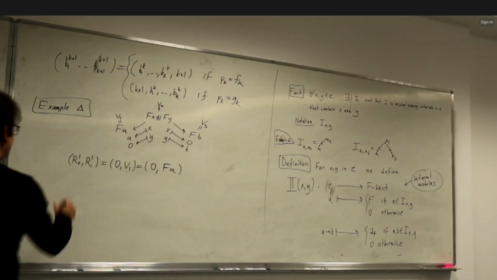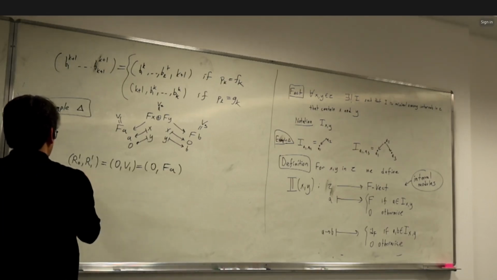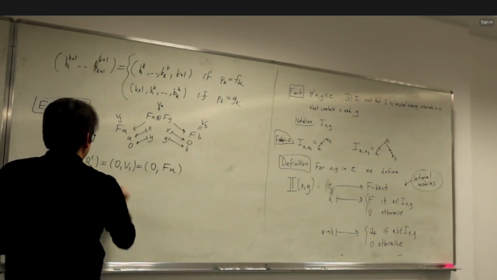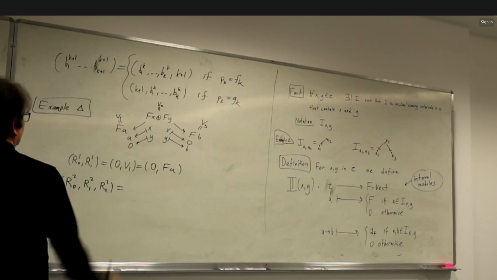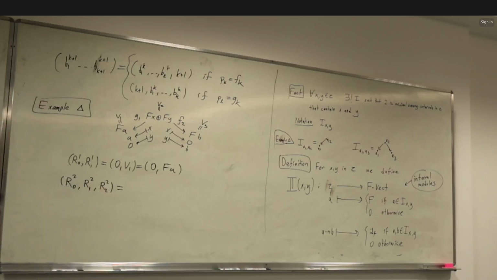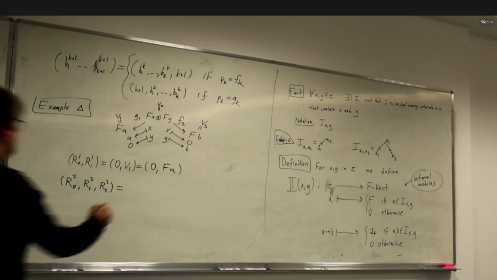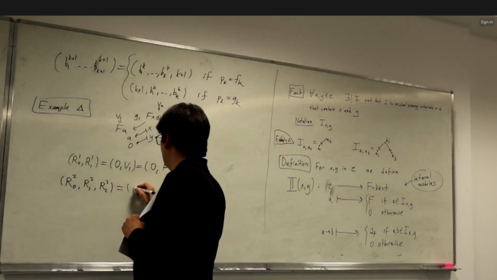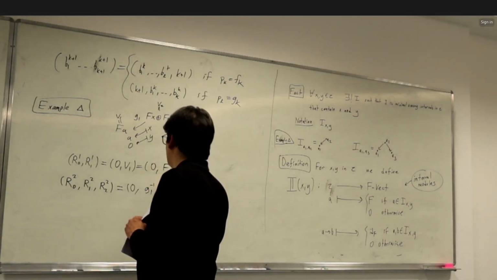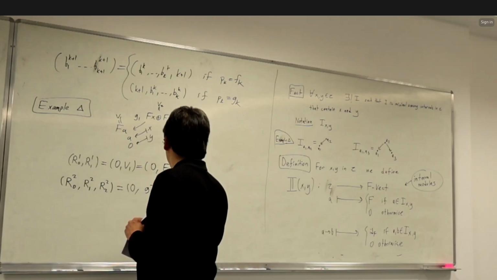Now, what is R20, R12, R22? So the first map is a backward map. So we're going to use this formula. So this will be 0, G1 inverse R01.